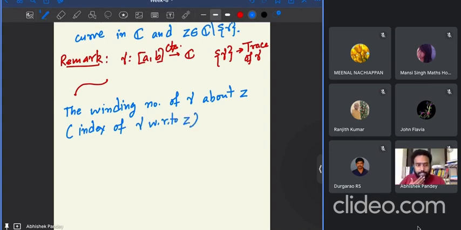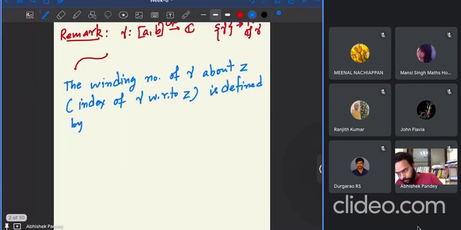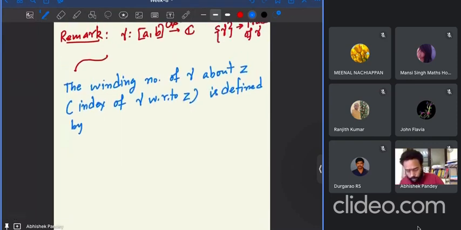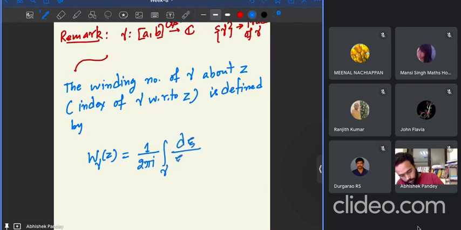This wording index is there in the Conway book. For this class, let us use the same notation. The winding number of gamma about z is 1 upon 2 pi i times the integral over gamma of d xi upon xi minus z. This is the way we define the winding number.